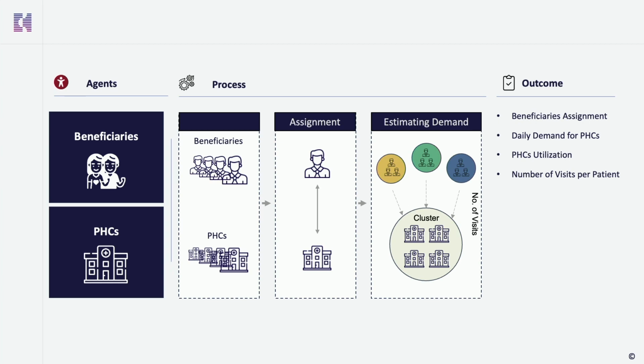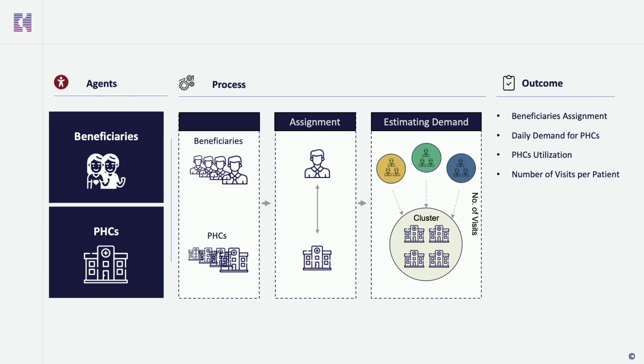The first agent is the beneficiary, the second agent is the PHC, as we mentioned. We will have all the beneficiaries and PHCs inputted in the model, and then each individual or beneficiary would be assigned to a primary health care, and then we will be estimating the demand throughout the model.